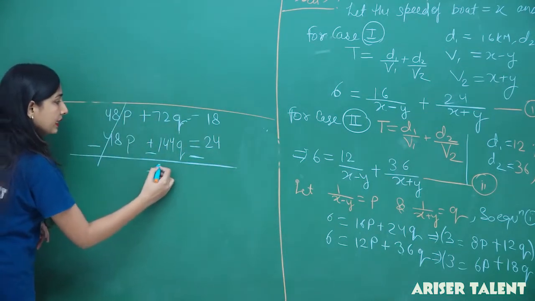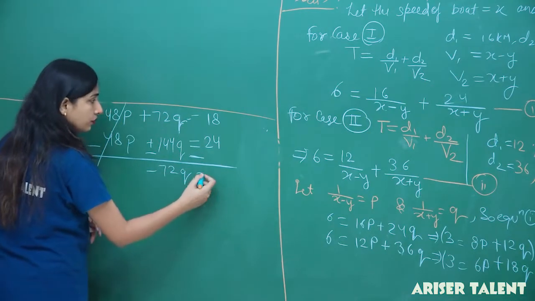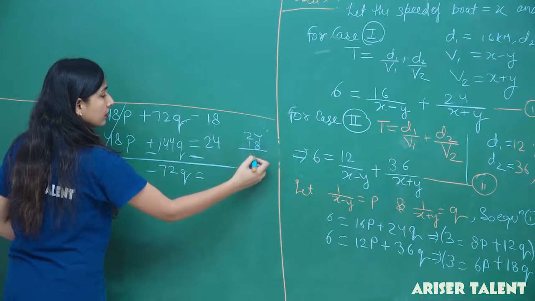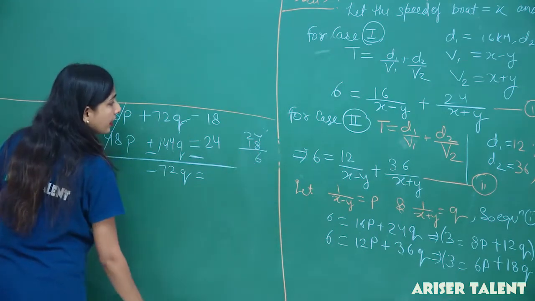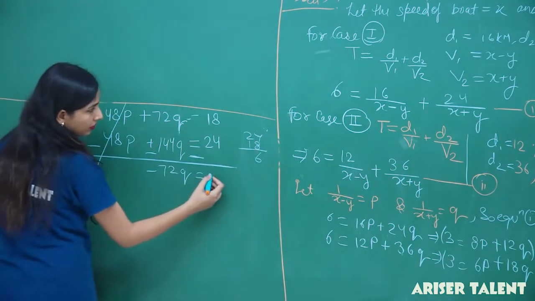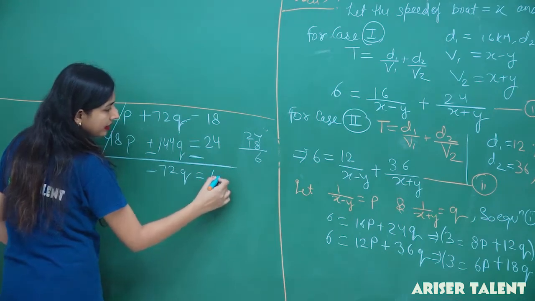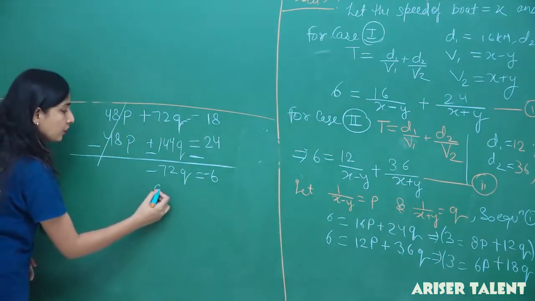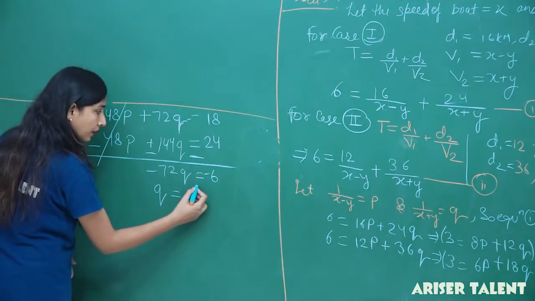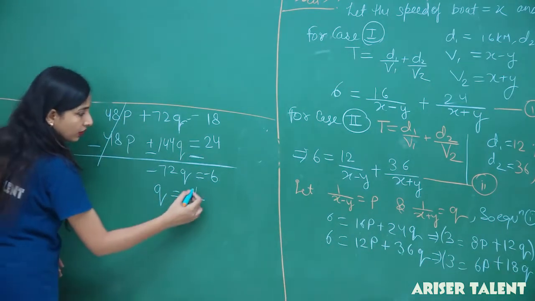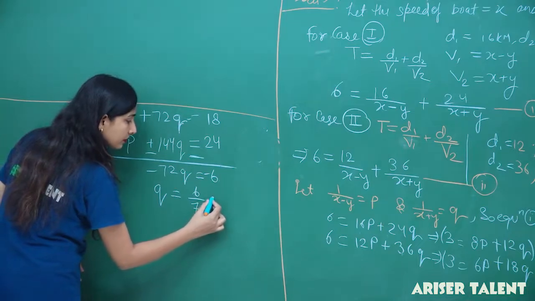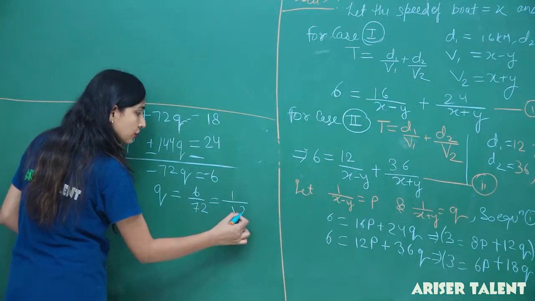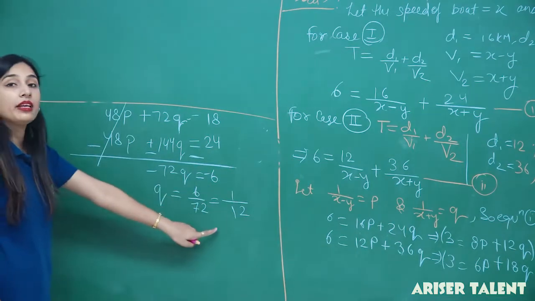Okay, so minus 72 Q equals 24 minus 6, so that will be Q equals 1 by 6 by 72. So, Q equals 1 by 12.